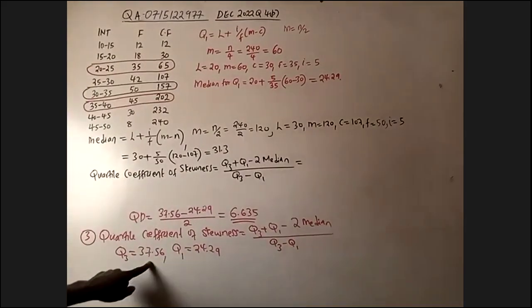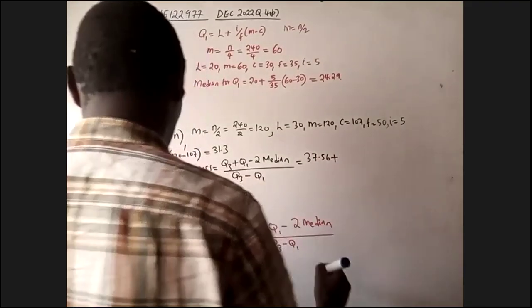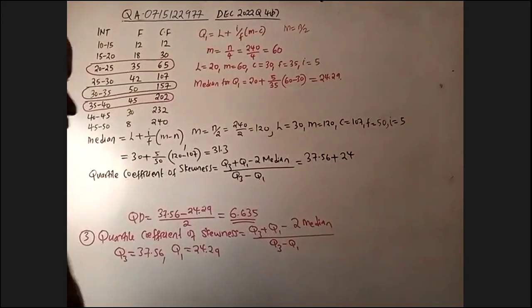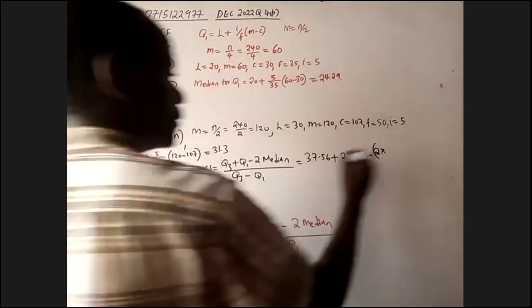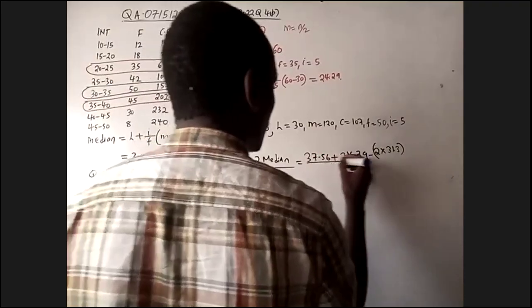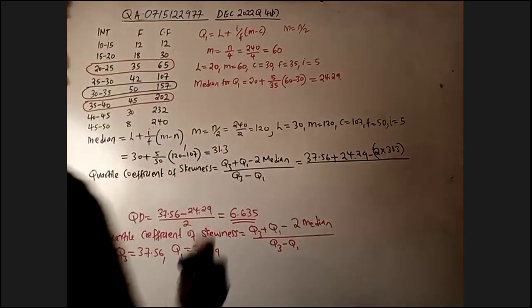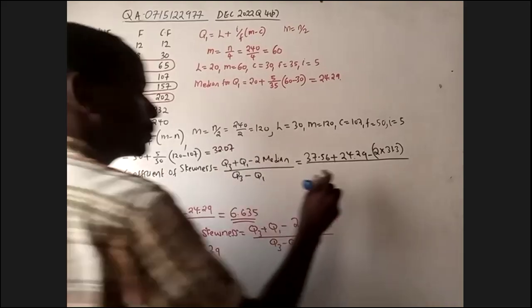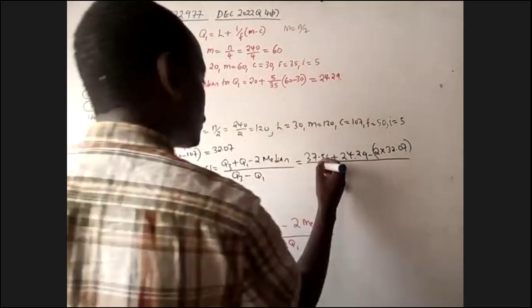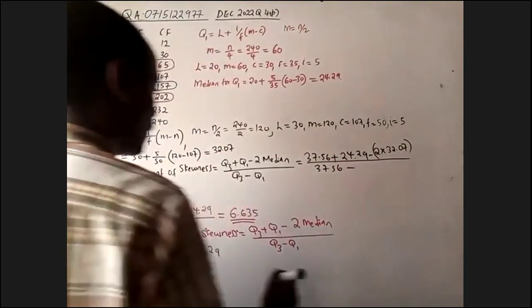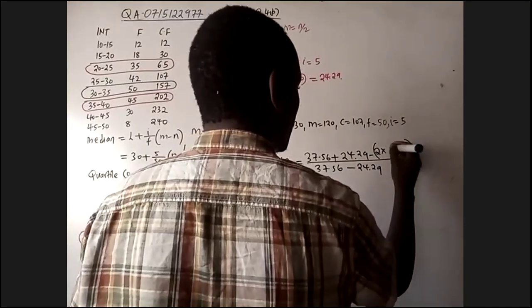So Q3, the upper quartile, is 37.56, plus Q1, which is 24.29, minus 2 times the median, 31.3.